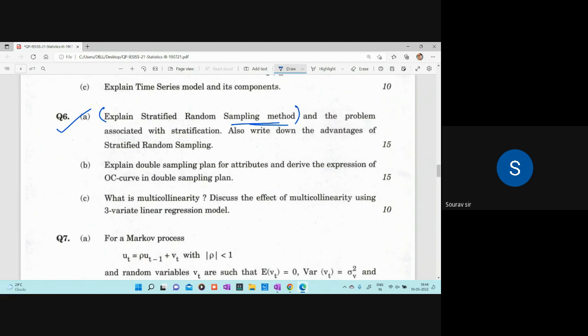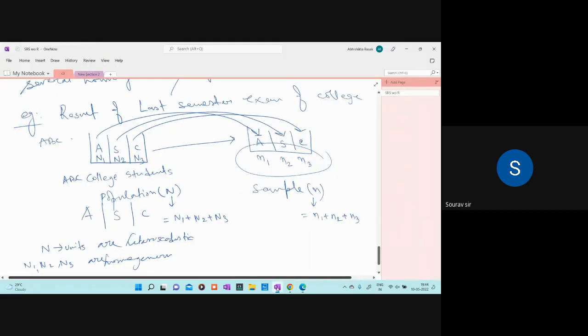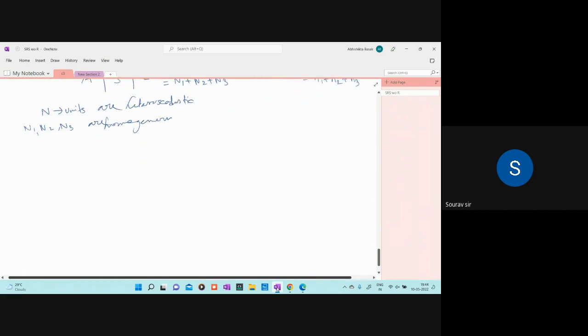Can anyone please answer what is the main problem of this stratification? The main problem of stratification is the selection of the appropriate subgroups.